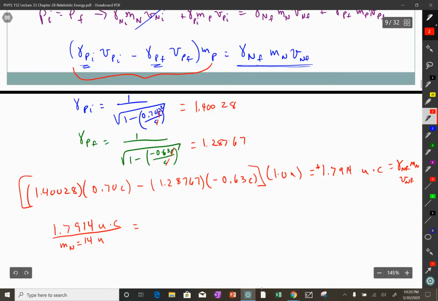That's equal to gamma n final times Vn final, which is Vn final over the square root of 1 minus Vn final squared over C squared.